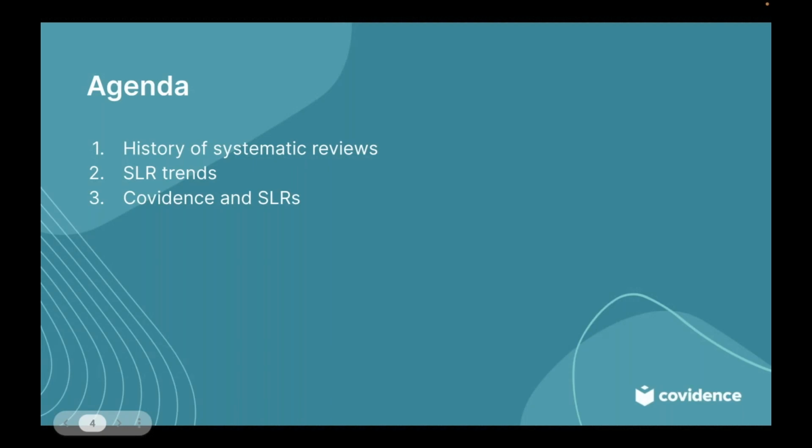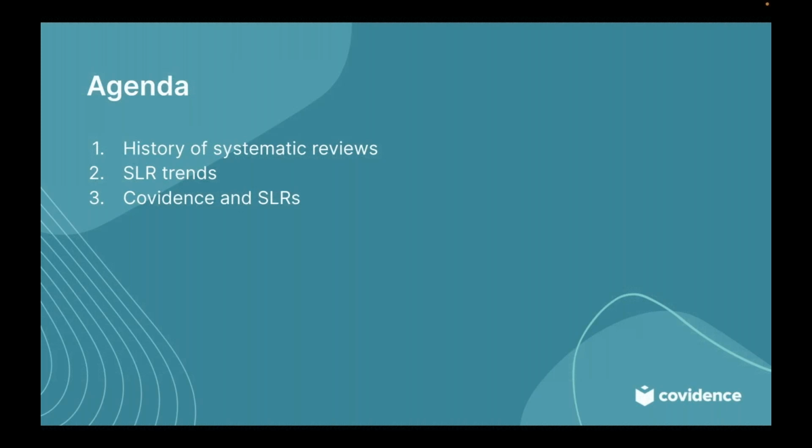Today I'm going to talk about the history of systematic reviews, and I'm going to be looking at some of the trends that have emerged over recent years, including the increasing volume and some of the publication trends.